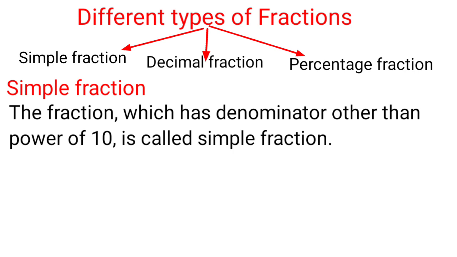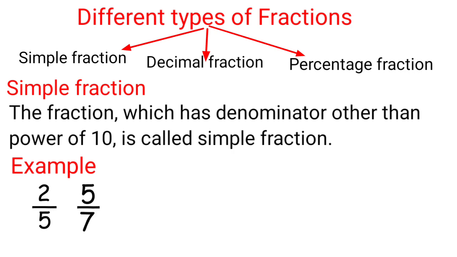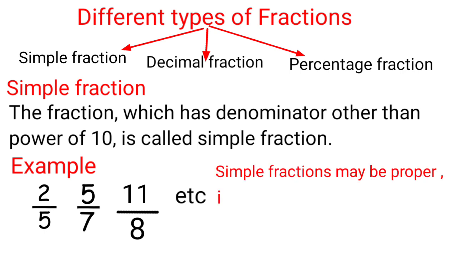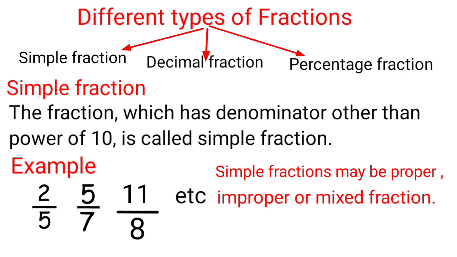If we take an example, we can understand. Suppose 2 by 5, 5 by 7, 11 by 8, whose denominators are other than powers of 10. These fractions are known as simple fractions. Simple fractions may be proper, improper, or mixed.